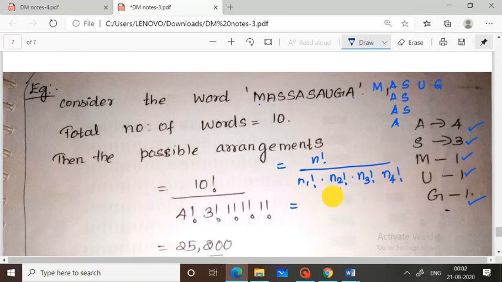That is equal to 10 factorial divided by, listen here, M 1 time so 1 factorial, A 4 times so 4 factorial, S 3 times so 3 factorial, U 1 time, G 1 time, so 1 factorial. Use the calculator, it is better. You can find the answer, that is equal to 25,200 ways.